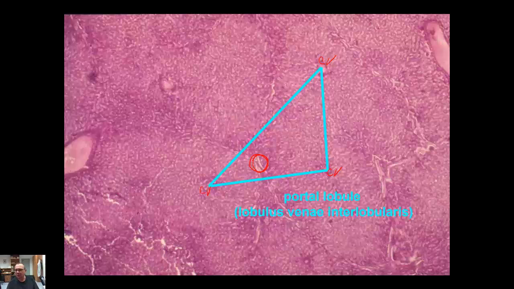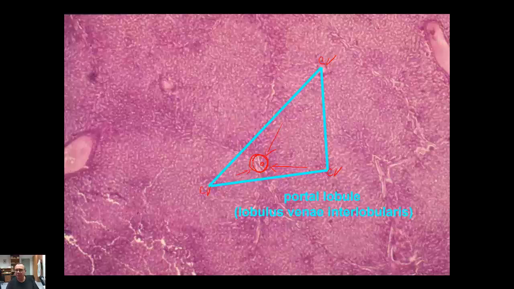That means one interlobular vein and one interlobular artery supplies all these structures in the portal lobule, and also bile from all hepatic chords in this triangular area is going towards this portal space and is collected by a bile duct, interlobular bile duct here in the portal space.